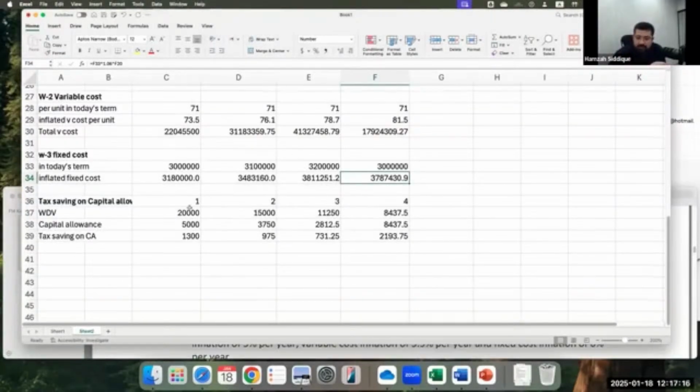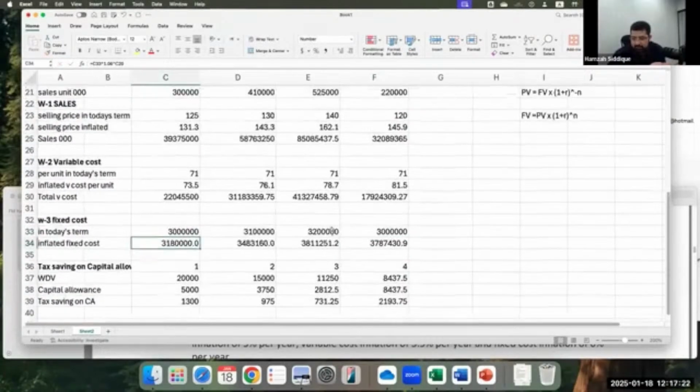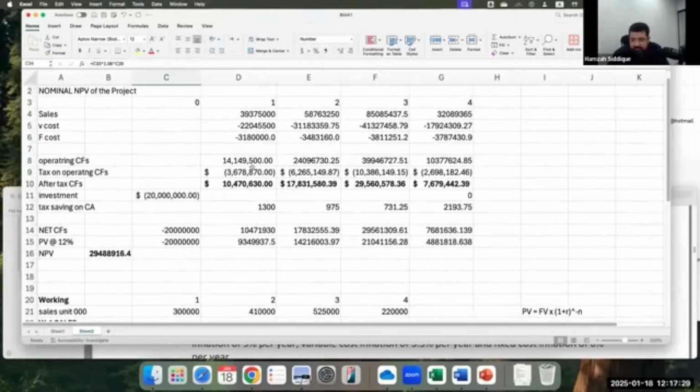We have to choose one way. So 300,000, 3 million, 3.1 million, it should be. Now it is good. So NPV, yes, so 14. So tax is here.